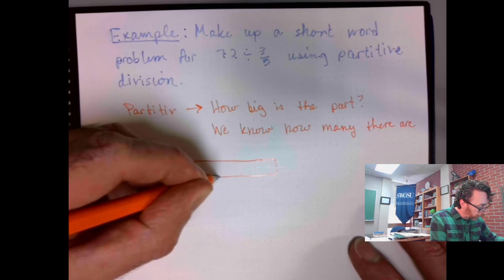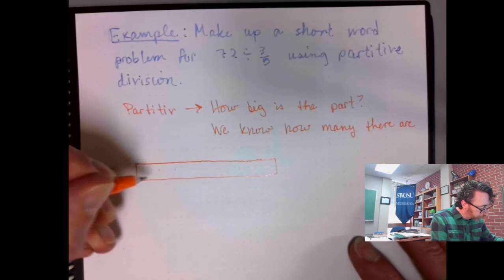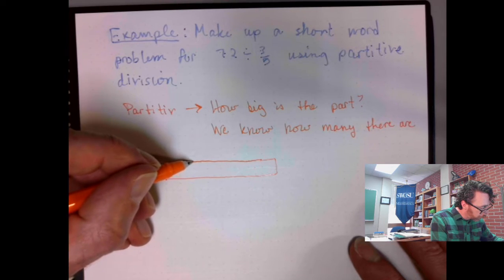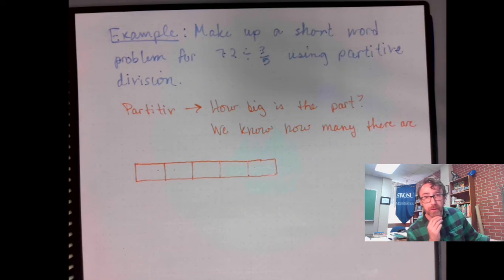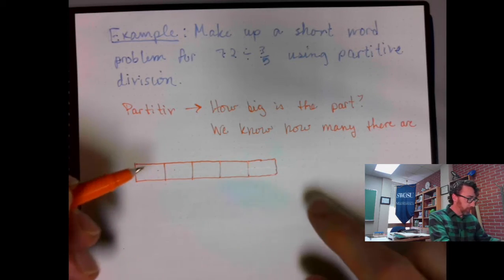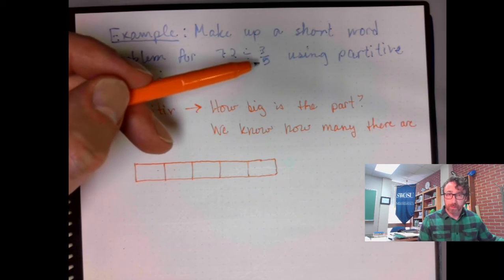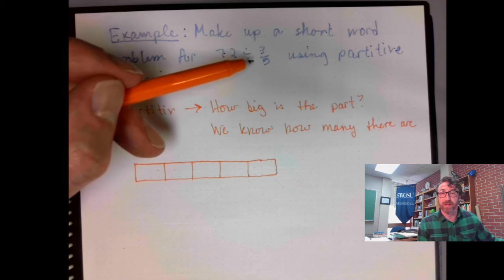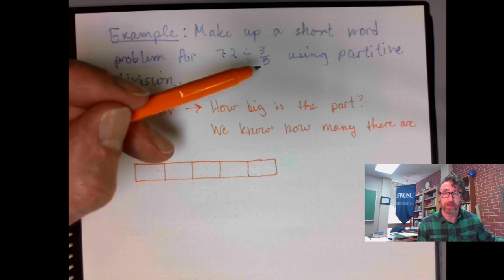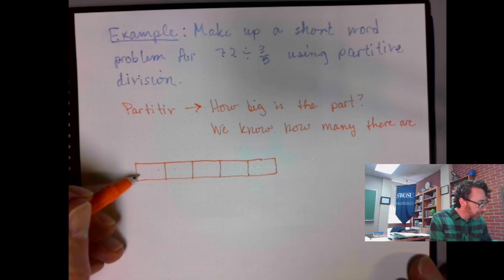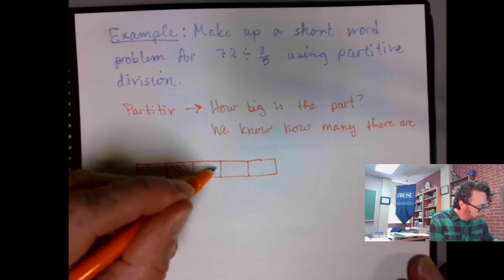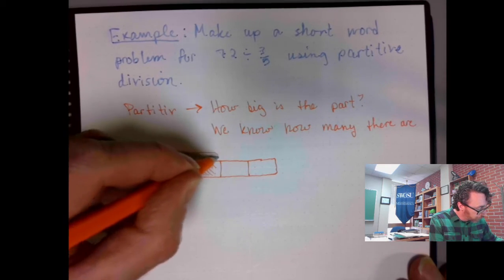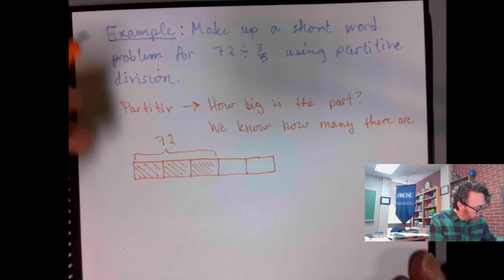Get my bar diagram here. Notice I did 5 pieces. As in the previous problem, the denominator you're working with tells you how many pieces you should have. Now I'm going to take 3 of those pieces. And this is going to correspond to 72.